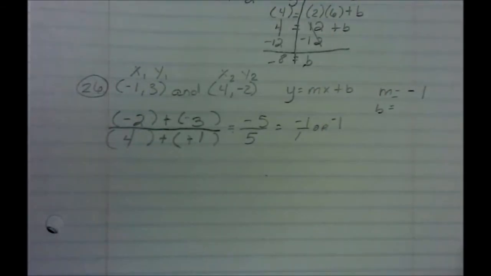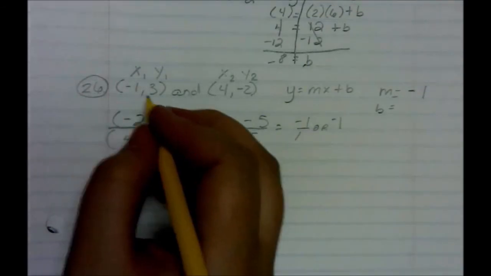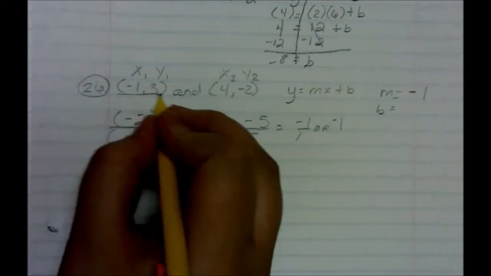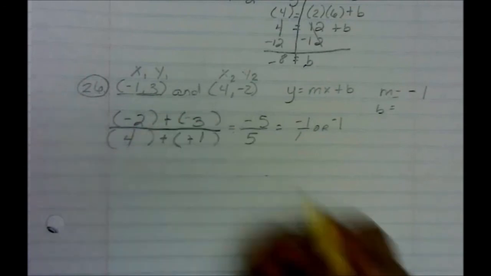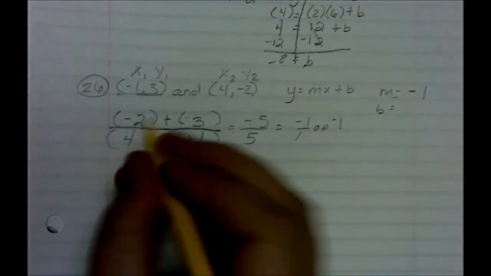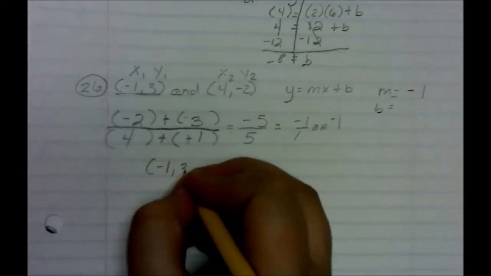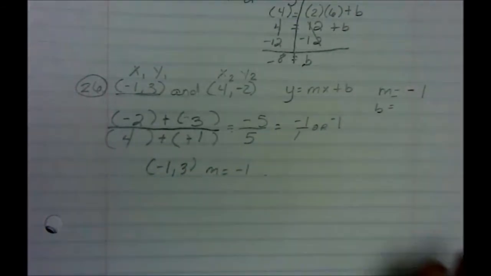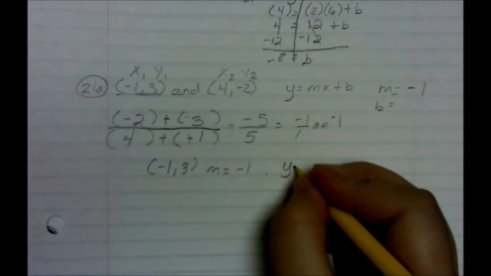Now I need to find my y-intercept. Again, you can use whichever ordered pair you would like. This time, I'm going to use the first ordered pair, which is -1, 3. And then my m equaled -1. So I'm going to plug that into y equals mx plus b.